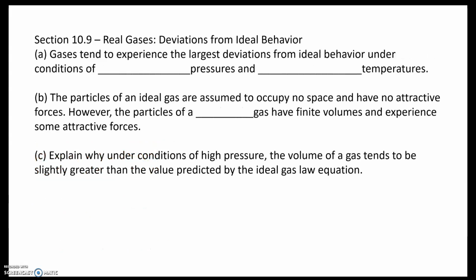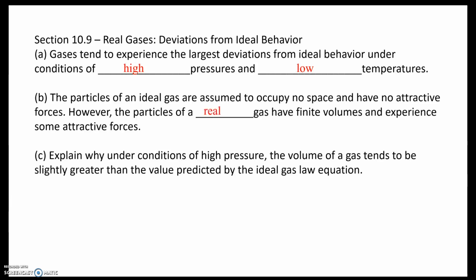All right. The last section is the deviation from ideal behavior. Gases tend to experience the largest deviations from ideal behavior under conditions of high pressure and low temperature. The particles of these ideal gases are assumed to occupy no space at all and not to have any attractive forces.